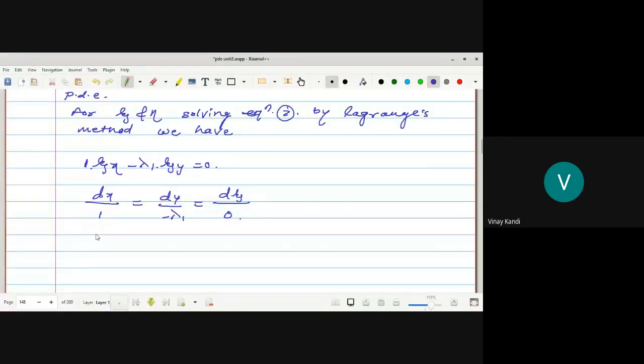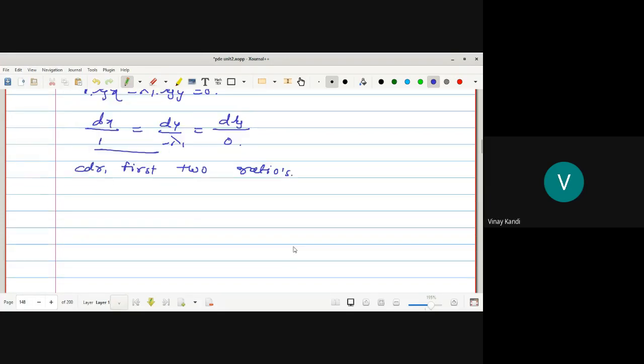Consider the first two ratios. What we get then? dx upon 1 is equal to dy upon minus lambda 1.